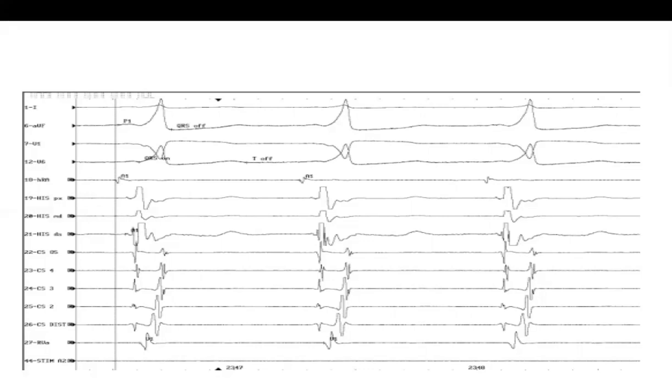Doctor, this is ECG and intra-cardiac tracing. I will go to the intra-cardiac tracing. In the high right atrium it looks sinus. Then in the His, then AHV.